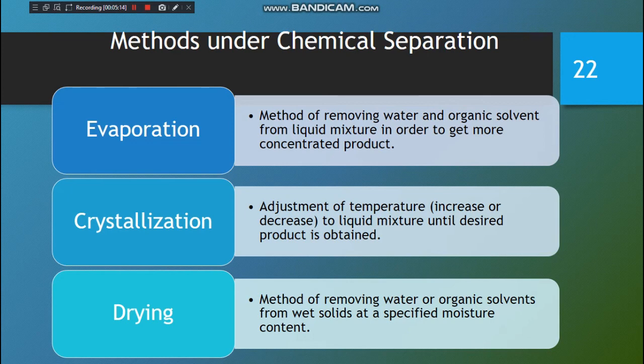Okay, so the definition of crystallization can be summarized as: crystallization is a method of separating whereby the mixture which consists of the desired compound is in liquid form. The temperature is adjusted by either one of the following methods. The first method is that the temperature is increased to vaporize the undesired compound and leave the desired compound, which is then cooled until it turns solid.